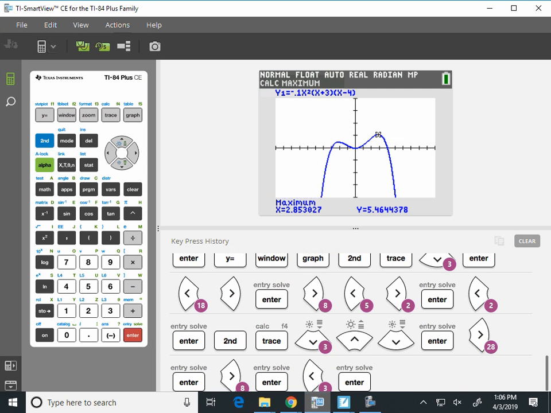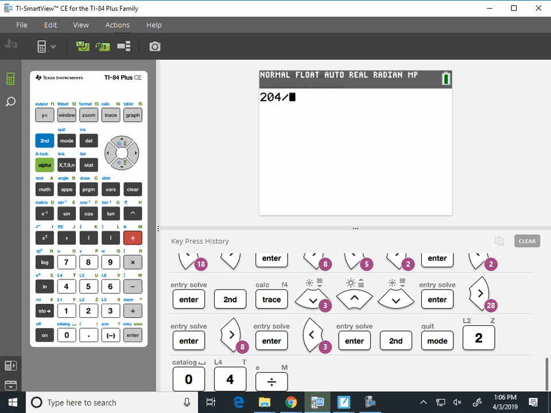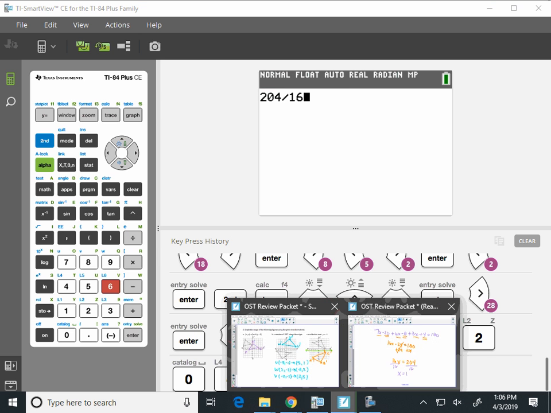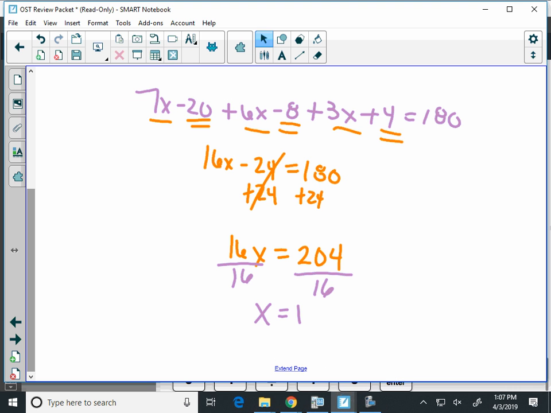Can't do it in my head right now. 204 divided by 16, and we get 12.75. That's what I thought it was. 12.75. Well, you have to be very careful. This is what x equals.